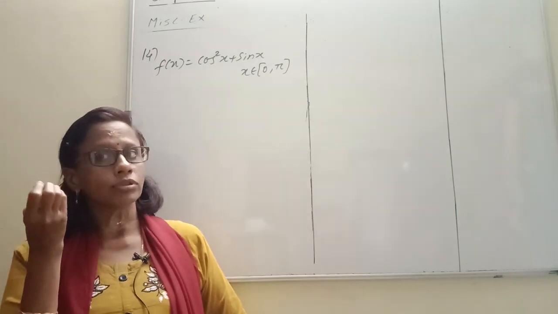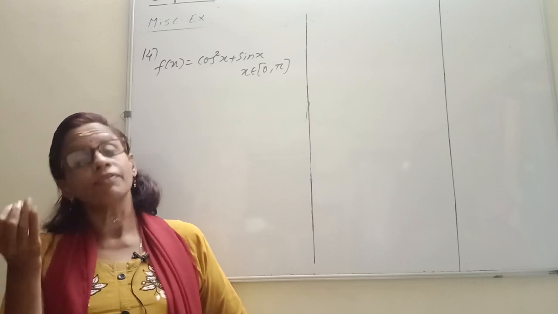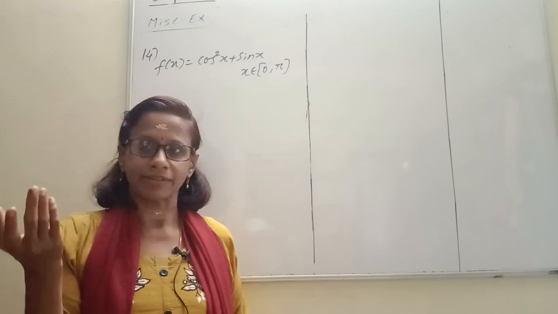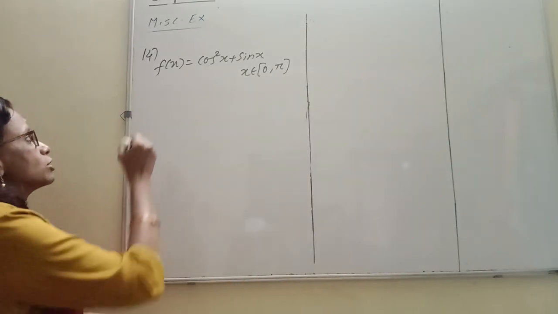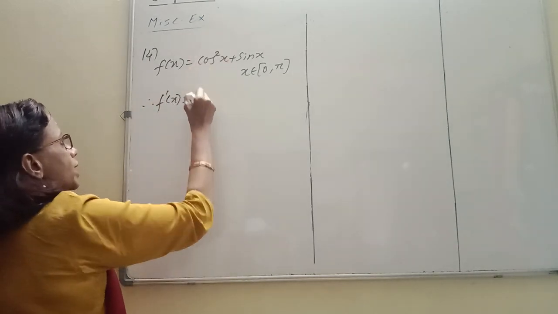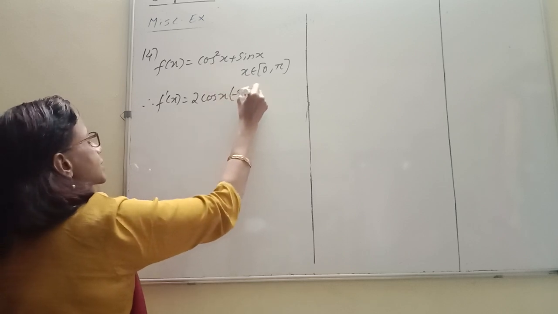So you have to check the function at the extremes of this closed interval and at the critical points. So we have to find the critical points. There's no need for the second derivative; we can stop at the first derivative because it's absolute maximum and minimum. So let's go for the first derivative, f dash x. Cos squared gives 2 cos x, and the derivative of cos x is minus sin x.